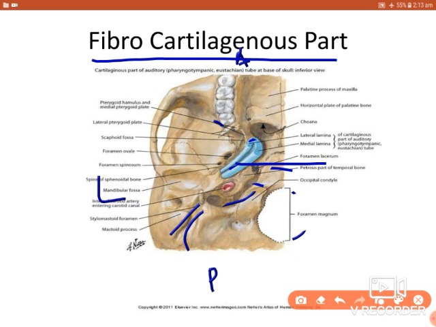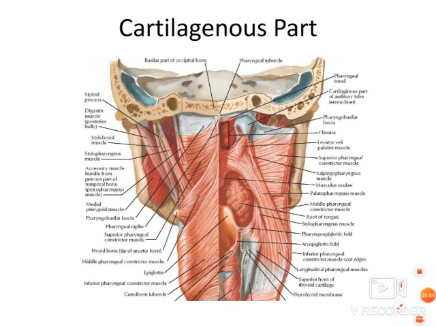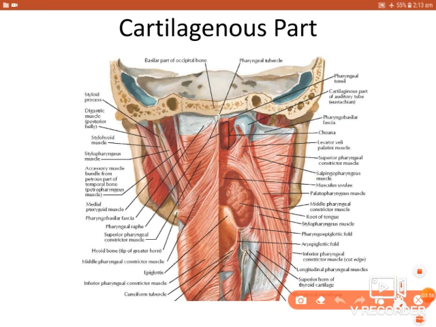Then it directs downwards, forwards and medially through this groove, then passes anteromedially to the nasopharynx. Here this is a posterior view of the pharynx. This is a coronal section. Here this is the basilar part of the occipital bone. See the mandible, posterior view.